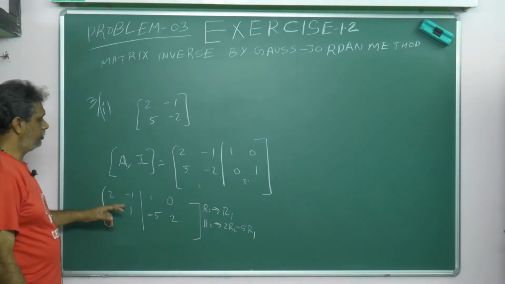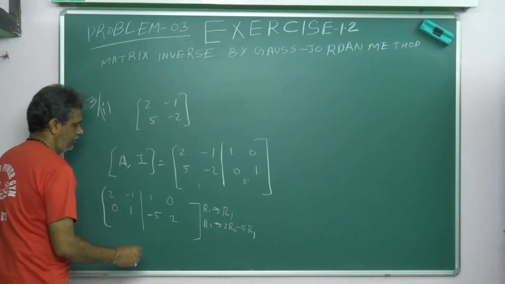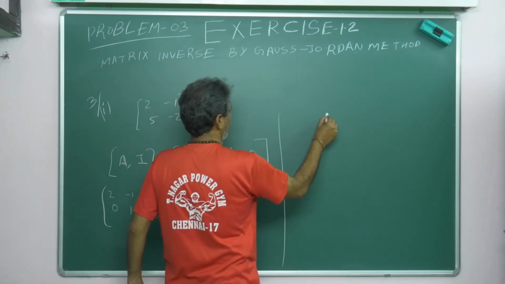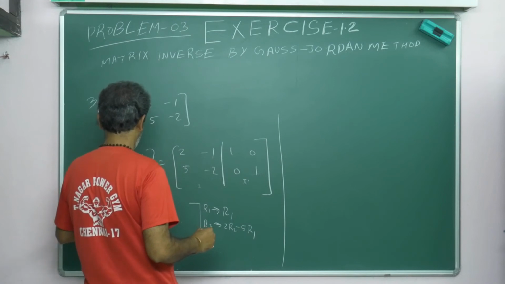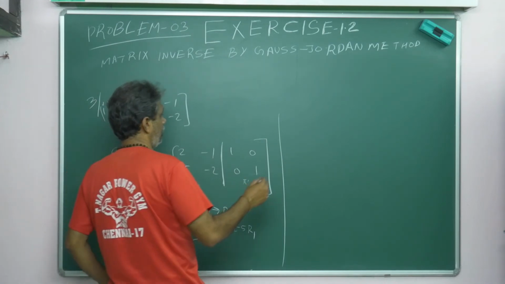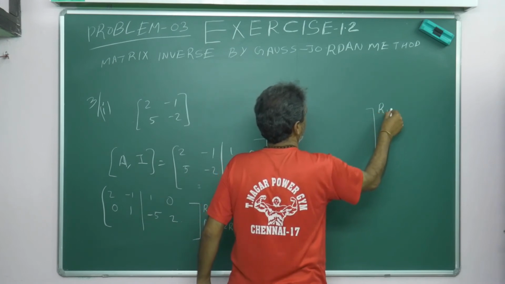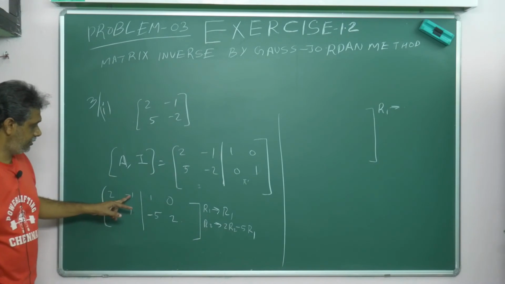What I told you: to make the second column 0, use the second row. I want to make this 0, so R1 gives R1 plus R2.